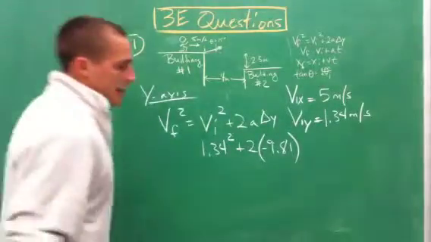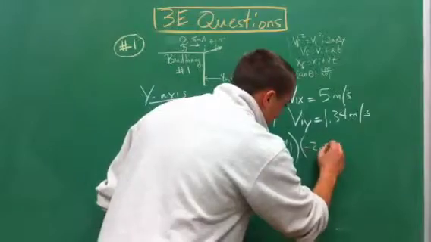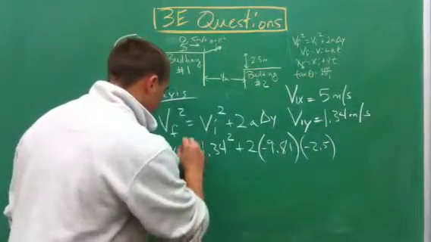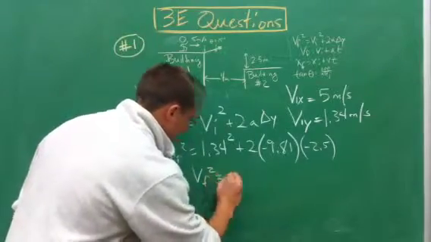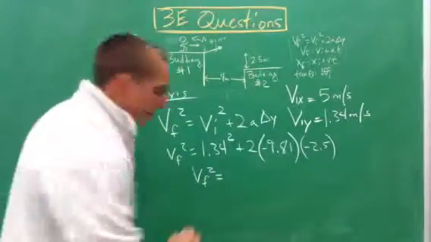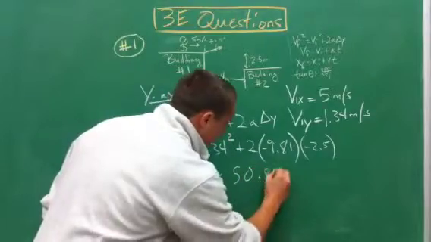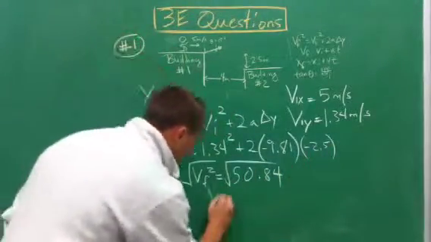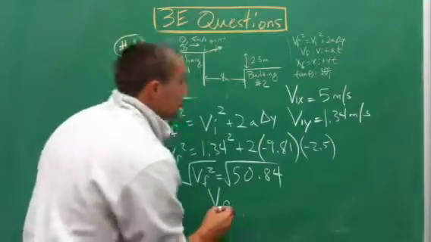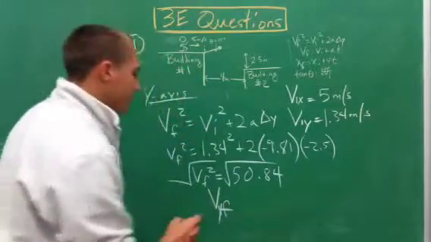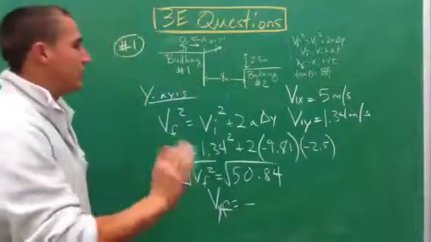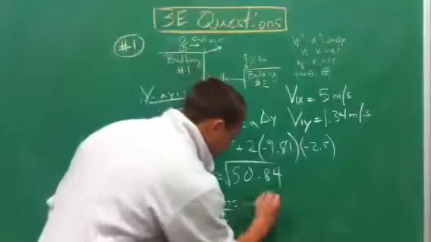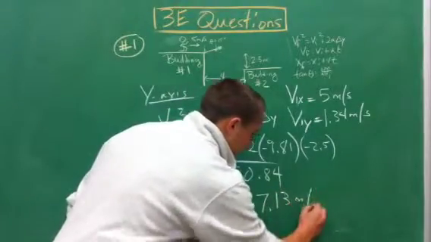So negative 2.5 minus 0 is negative 2.5. If we plug that into a calculator, we get that Vf squared equals 50.84. Let's get Vf squared by itself. And the final velocity in the y-axis equals negative, because now he started traveling up, now he's traveling down towards the ground, negative 7.13 meters per second.